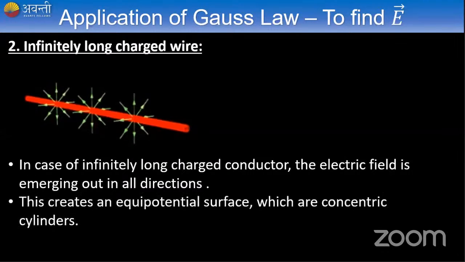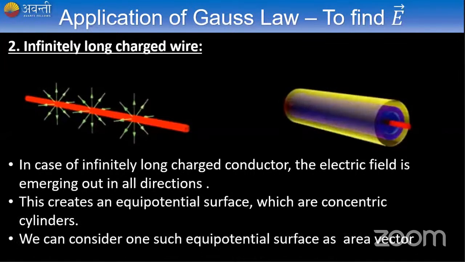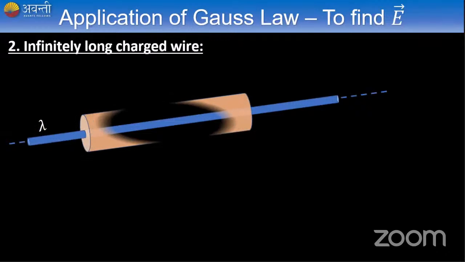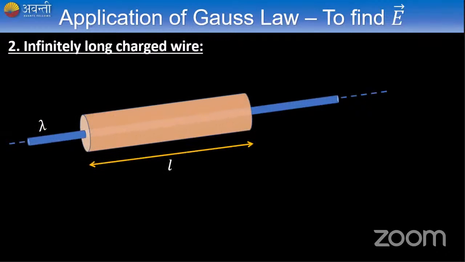So it's again the equipotential surface, right? Yes, correct, Prajwal. The equipotential surfaces created by the infinite charge were nothing but concentric cylinders. These act as Gaussian surfaces. So we considered a rod of length L whose linear charge density was given as lambda.